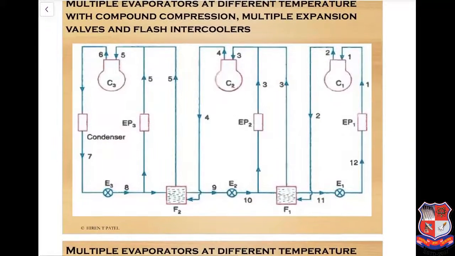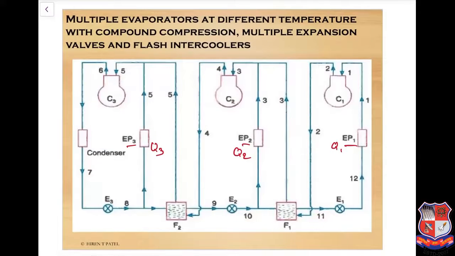Here, as before, we have 3 evaporators at 3 different loads Q1, Q2, Q3, 3 compressors C1, C2 and C3, 2 flash intercoolers F1, F2, and 3 expansion valves E1, E2 and E3.